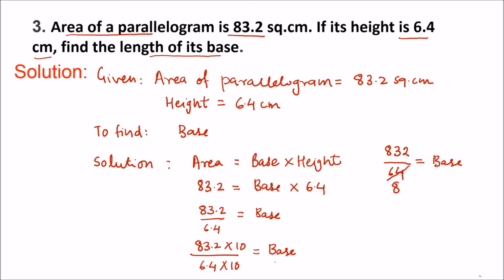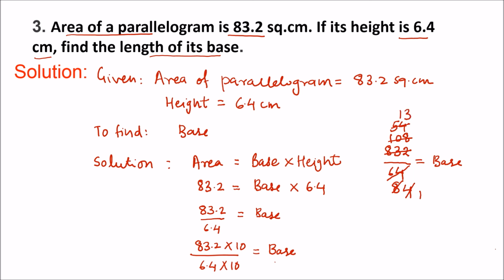8 8s are 64, and when you divide 832 by 8, you will get 104. Now I can divide this by 2 to 4, and here we will get 26 over 4... Now I can divide 4 ones and 4 13s.